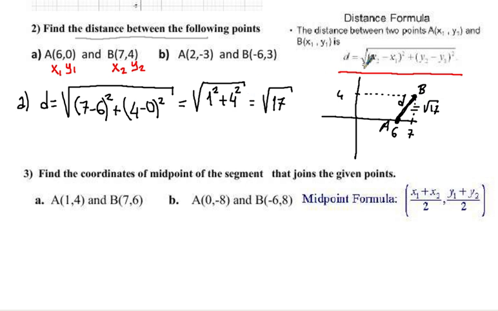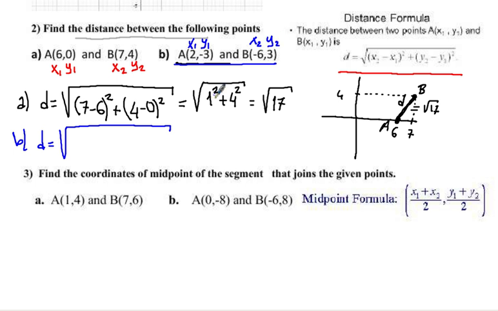Now we use the same formula for B1. So for B we have these 2 points. Okay. So for B, let's find D. Let's write here x1, y1, x2 and y2.